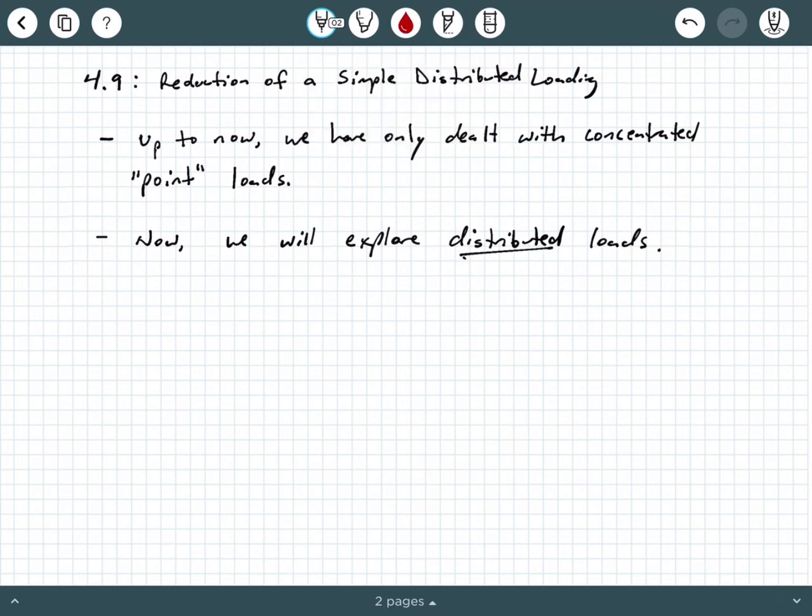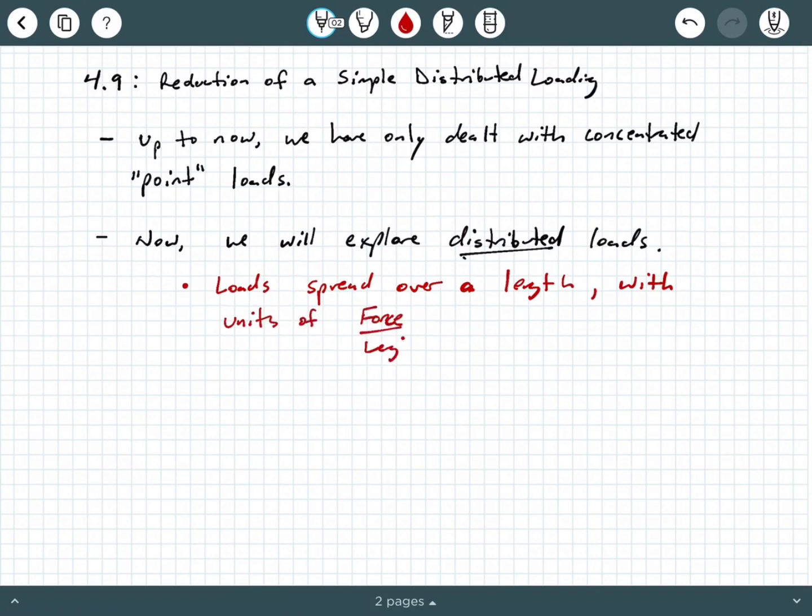So let's make a note here. We're going to talk about loads spread over a length, and these will have units of force over length.